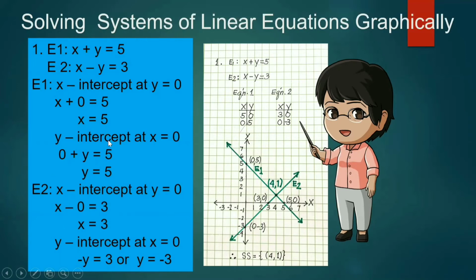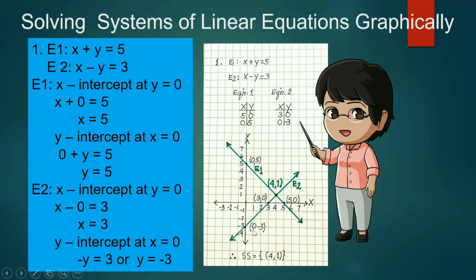And then we find the x-intercept at y equals 0 for equation 2, x equals 3, and the y-intercept at x equals 0, y is equal to negative 3.